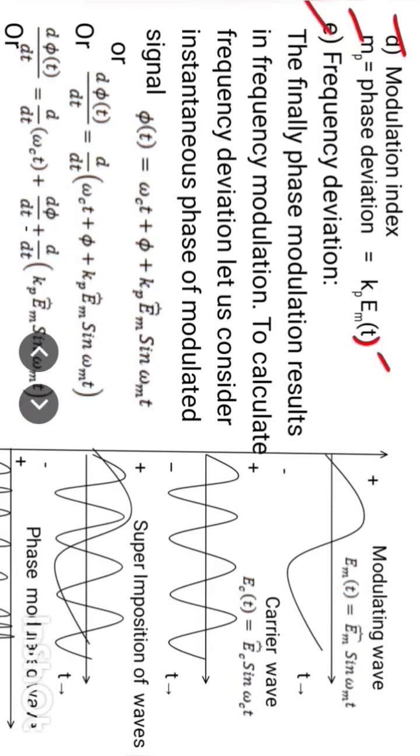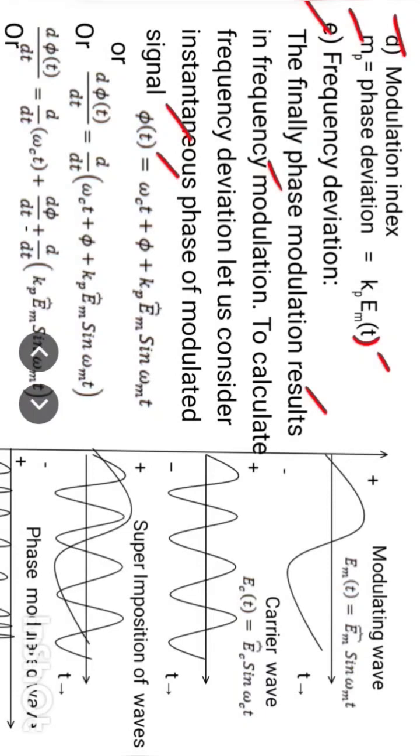Now E, frequency deviation. Finally phase modulation results in frequency modulation. To calculate frequency deviation, let us consider instantaneous phase of modulated signal, that is phi(t) = omega c t plus phi plus Kp Em max sin omega m t.